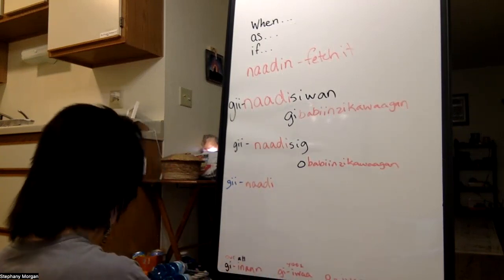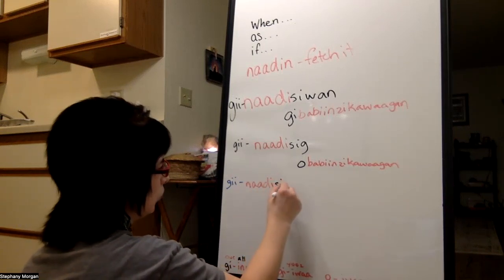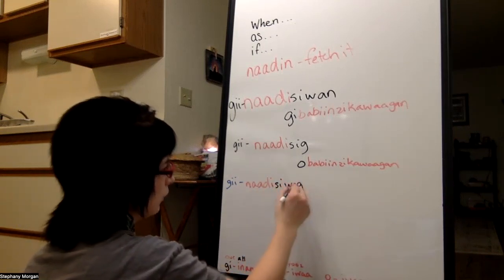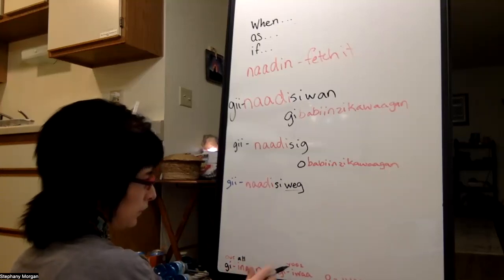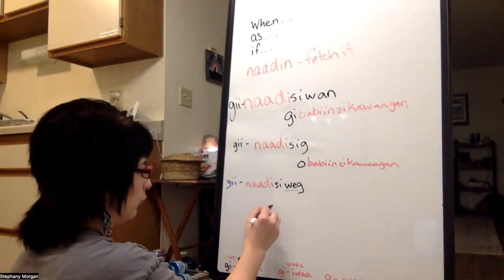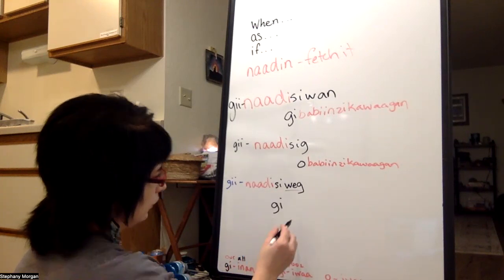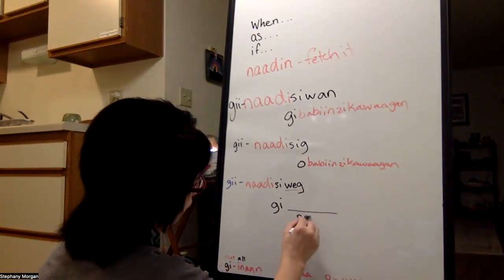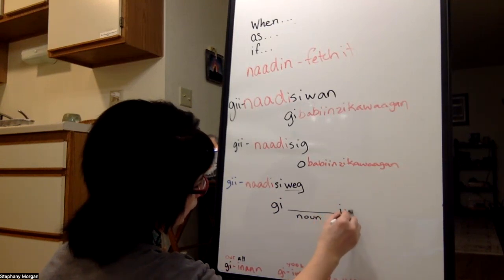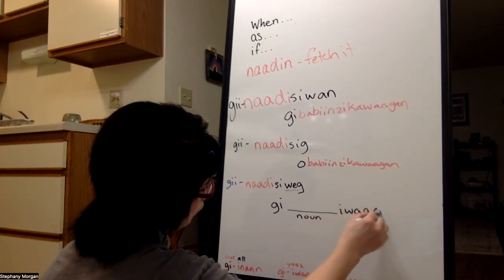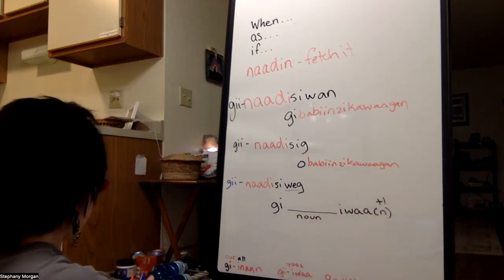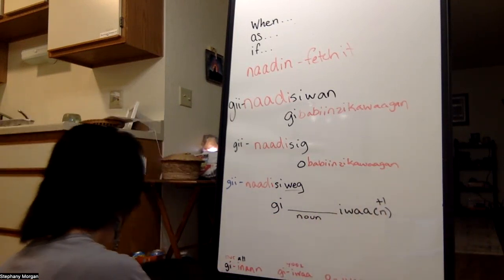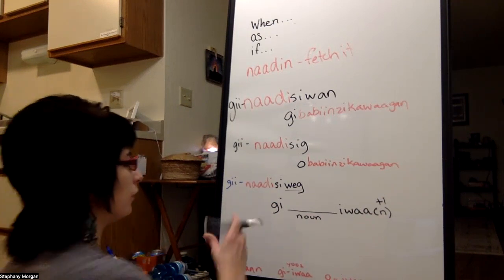not siweg. So our form of si, weg, to make it I and a wa, more than one U, and then use, our form is get, noun, iwa, or more than one, plus one. So mashkemot is our word for bag.